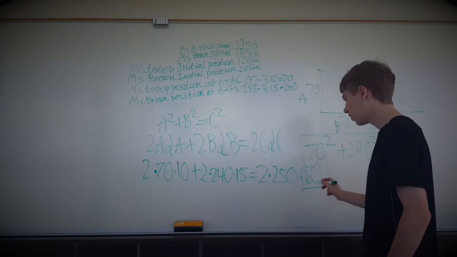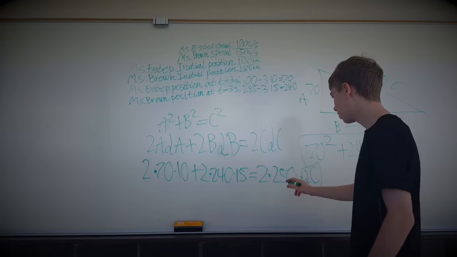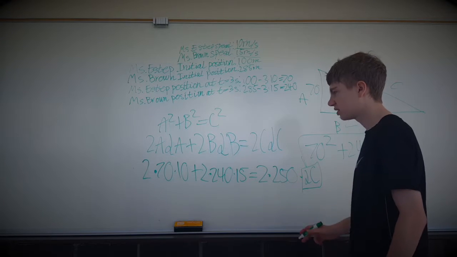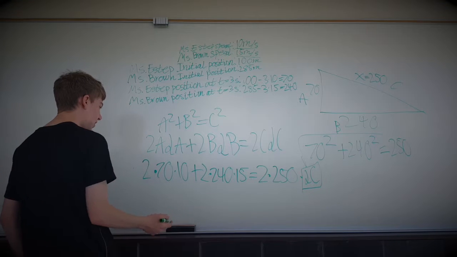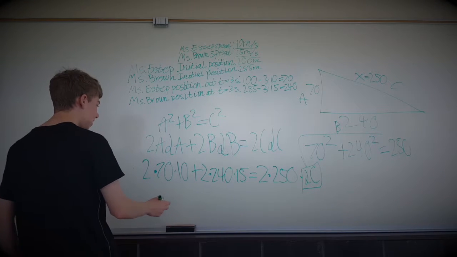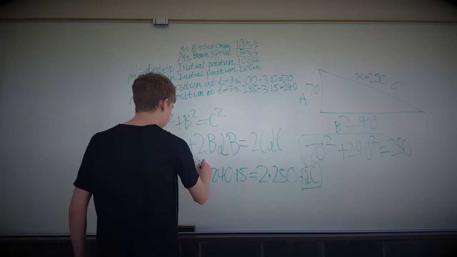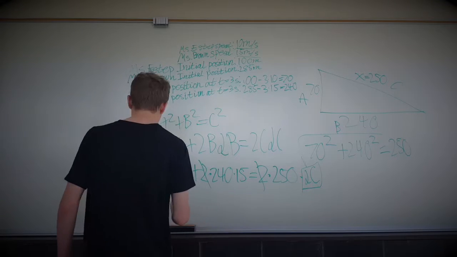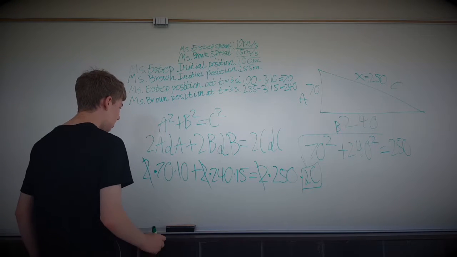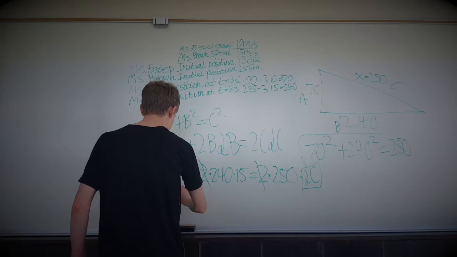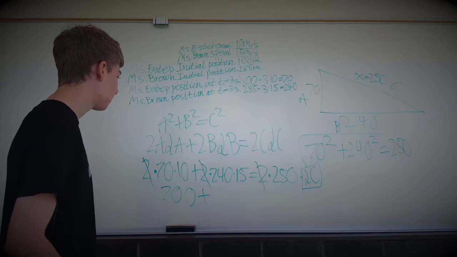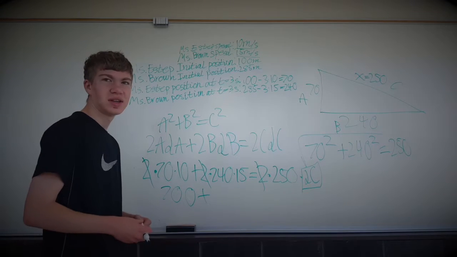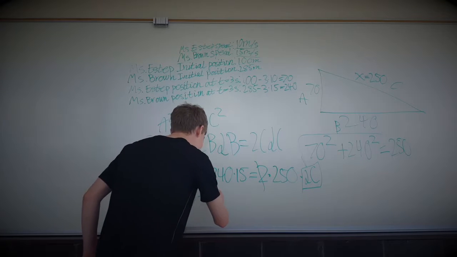Now, in order to find this, we just need to add all these up and divide by this. So, 2 times 70 times 10. Well, the easiest thing to do here is get rid of all the 2's. Then, we have 70 times 10, which is 700, plus 240 times 15, which is 3,600.